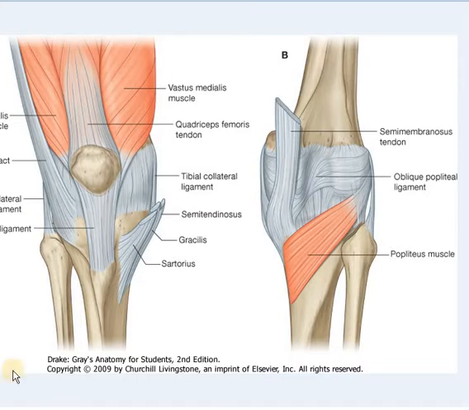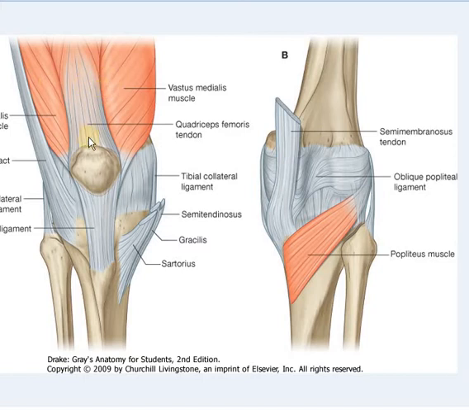Students, please pay attention to this diagram. This diagram shows the reinforcement structures related to the knee joint. You can see these muscles, the muscles of the anterior compartment of the thigh, the quadriceps femoris muscle.